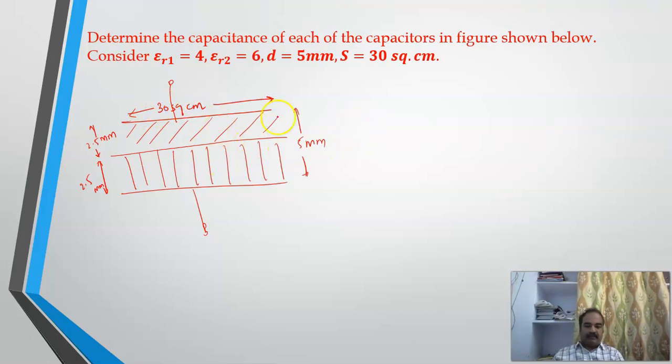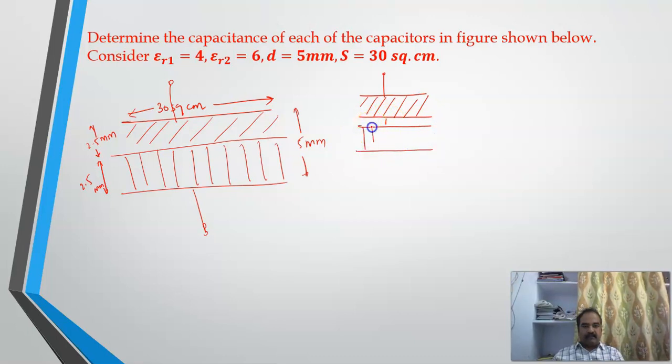If you carefully see, we will separate it in a simple fashion: this is one medium, medium 1, and this is another medium, medium 2.